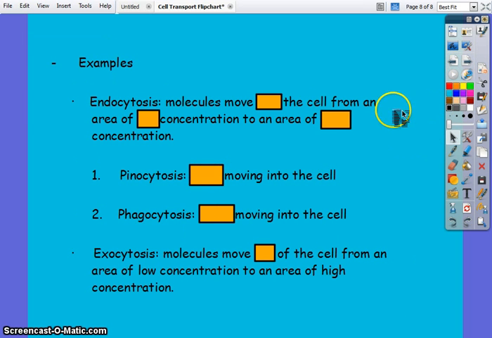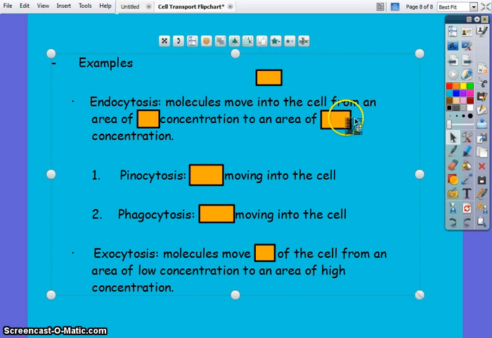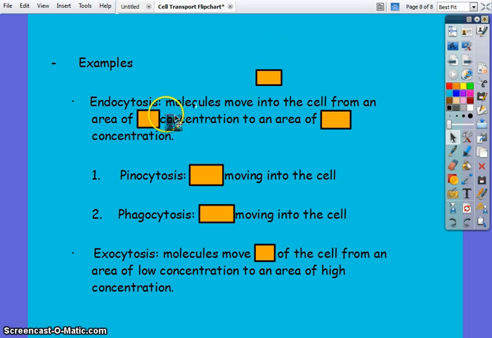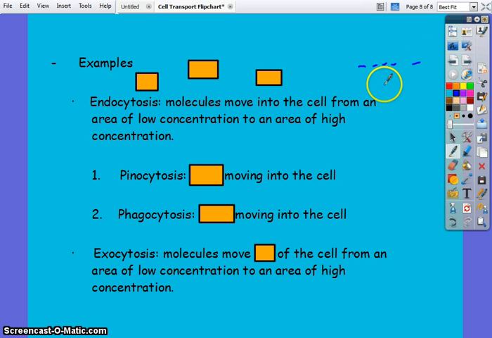Alright, so we have several examples. Endocytosis is the first example. This is when molecules move into the cell, and you're moving this time from an area of low concentration to an area of high concentration. So again, if you have your cell membrane, and you have 9 molecules, so say we have 6 inside and 3 outside, they're actually going to move into the cell.